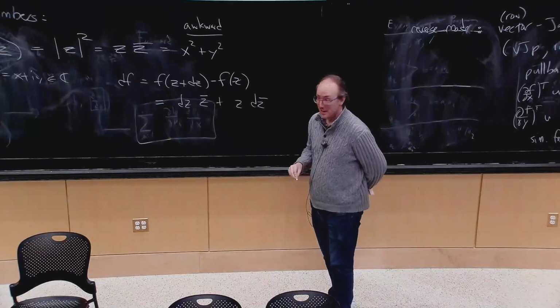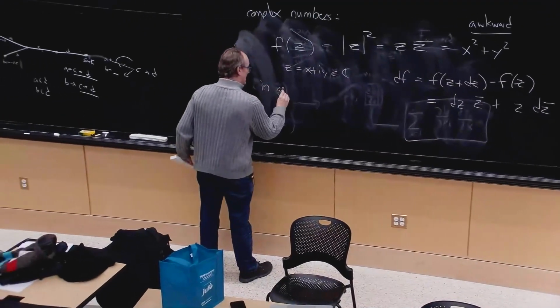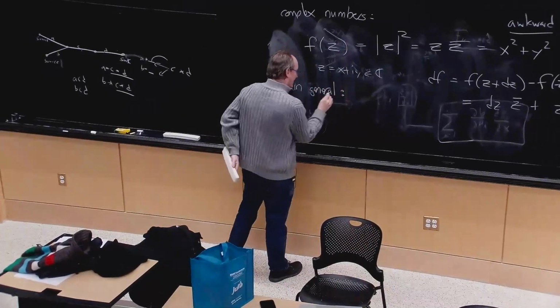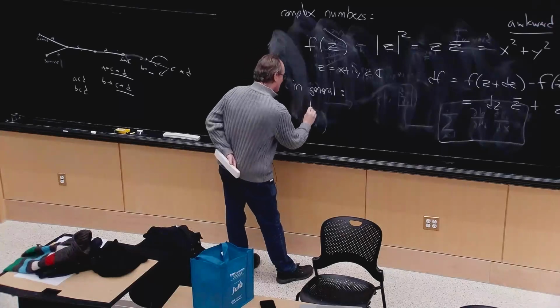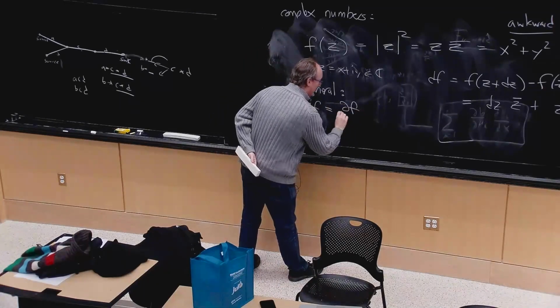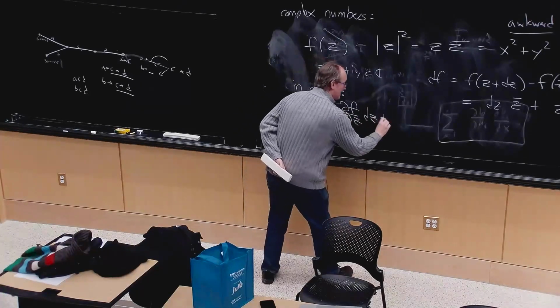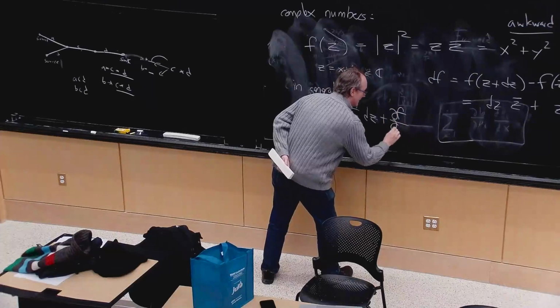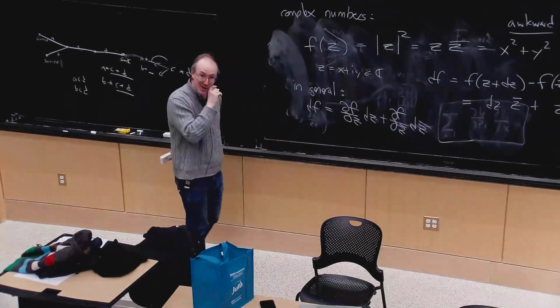And so in general, what you can do is write df as df/dz times dz plus df/dz bar times dz bar.